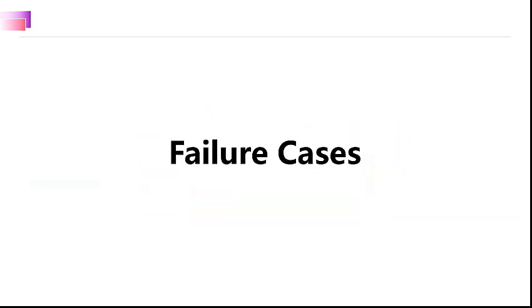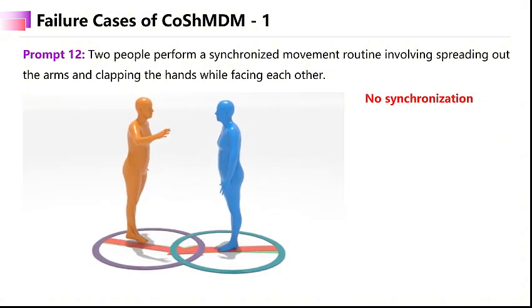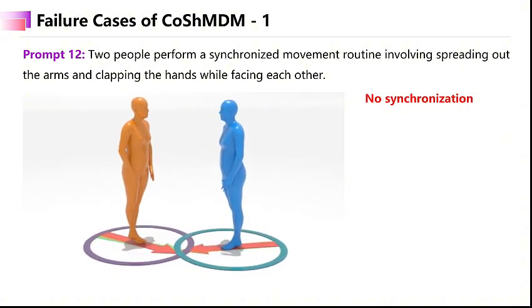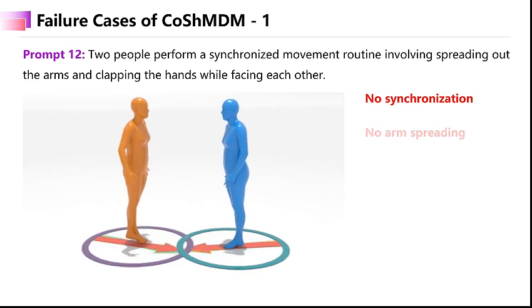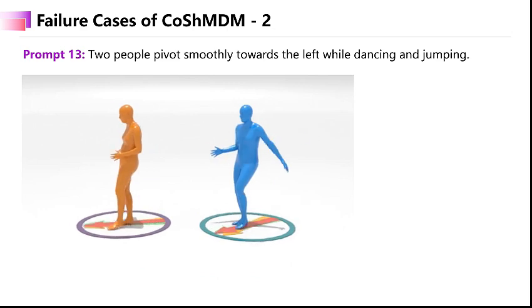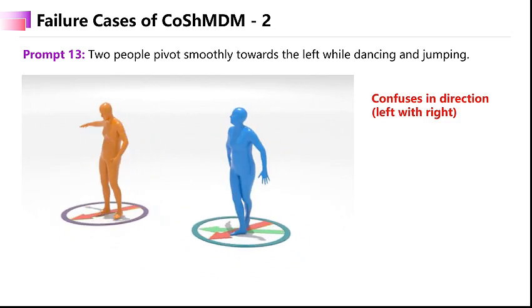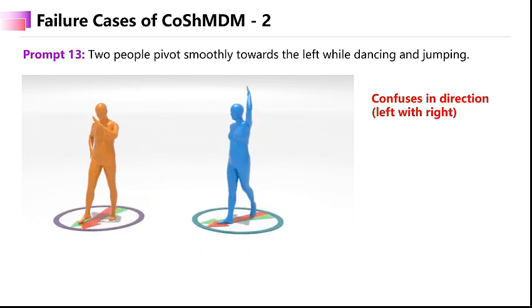Now we discuss failure cases to highlight the current limitations. CoShMDM sometimes struggles with tightly synchronized multi-step gestures such as coordinated clapping actions. Direction ambiguity and complex rhythmic actions also remain challenging in some cases.